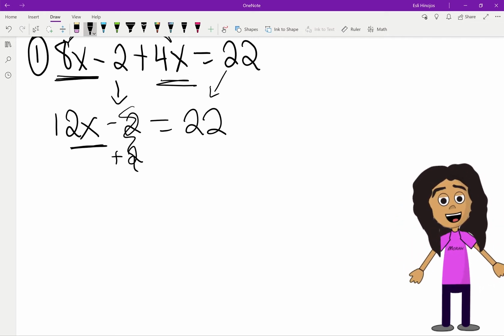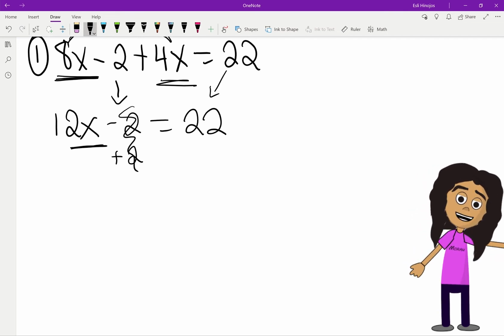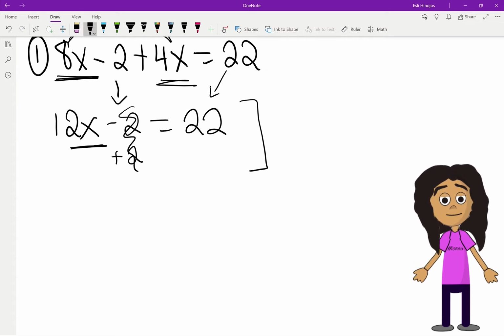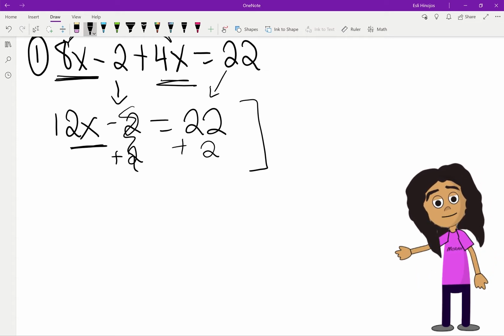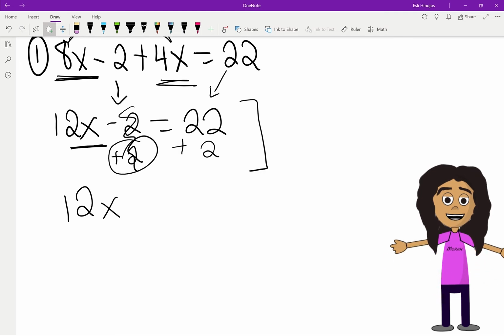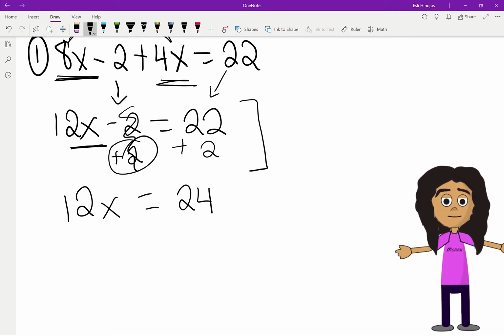But whatever you do to one side, you gotta do to the other side as well. So over here, we're going to add 2 as well, because that's what we did over here. Sorry, I know I scribbled over it. So now our new equation is 12x equals 24, because 22 plus 2 equals 24.